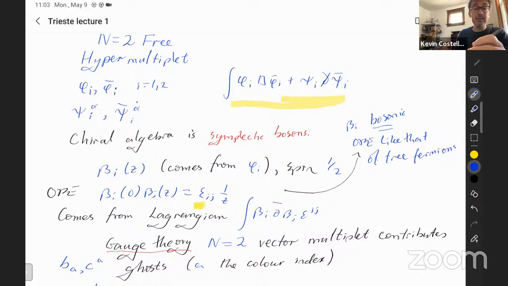So this chiral algebra is called symplectic bosons because they're bosonic fields.